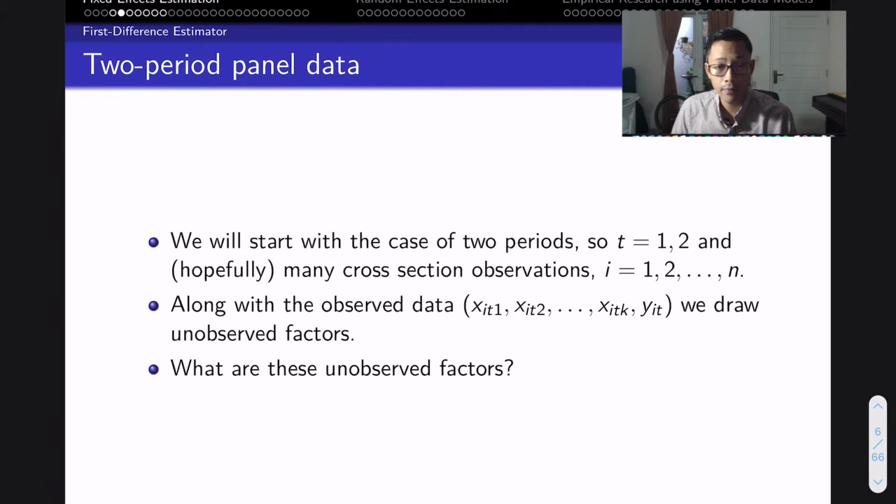That's something that you have to think quite hard about, given the data set that you're looking at. So for example, if you're looking at an individual data set on wages, then you should think about what unobserved factors affect the wage but may not be observed in our data set.